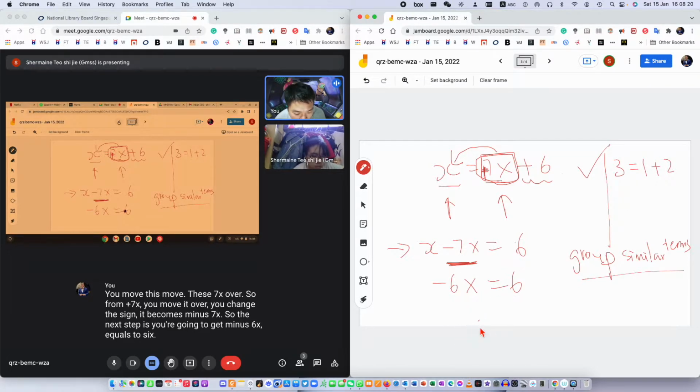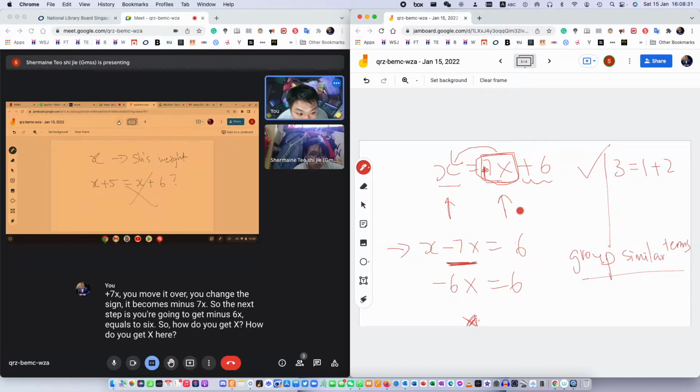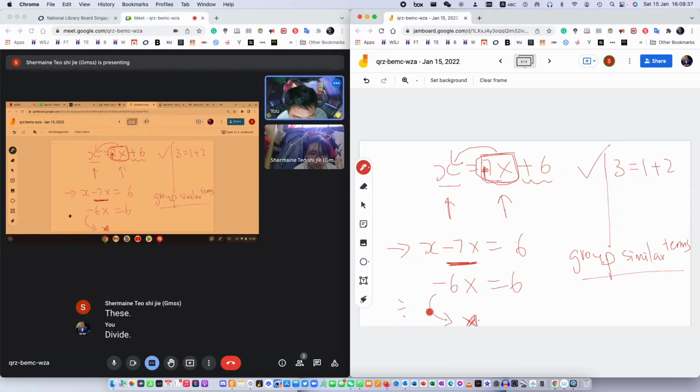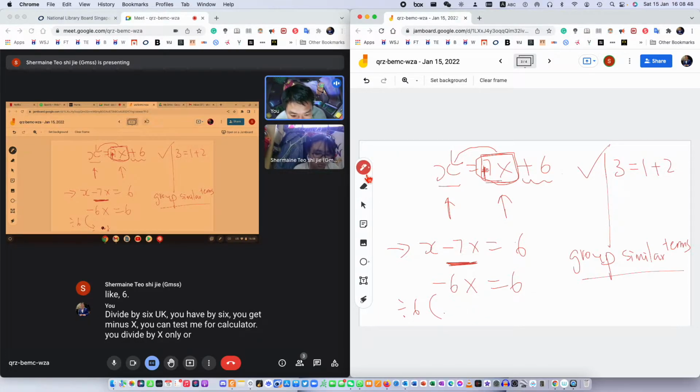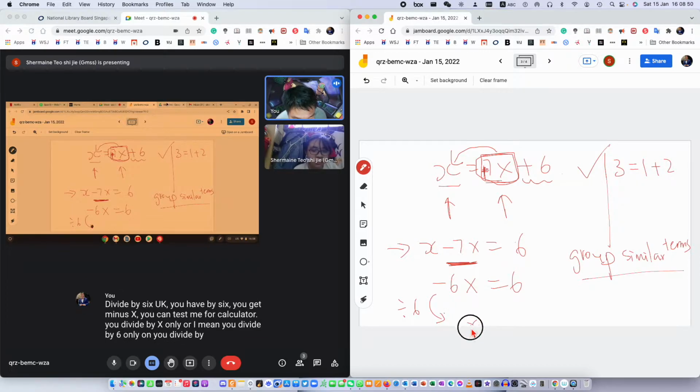So how do you get x here? Divide. Divide by? 6. Divide by 6 you get minus x. You can test with a calculator. Do you divide by 6 only, or what do you divide by to get x?